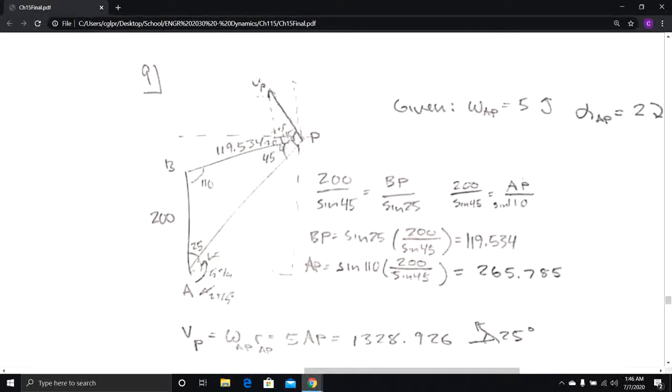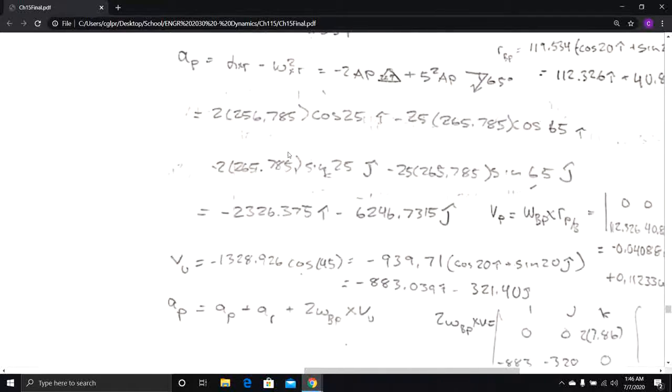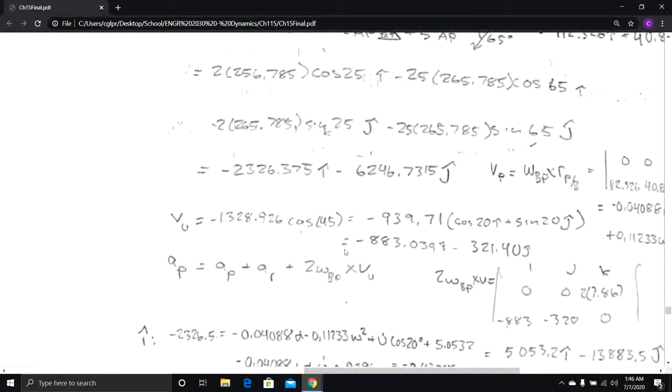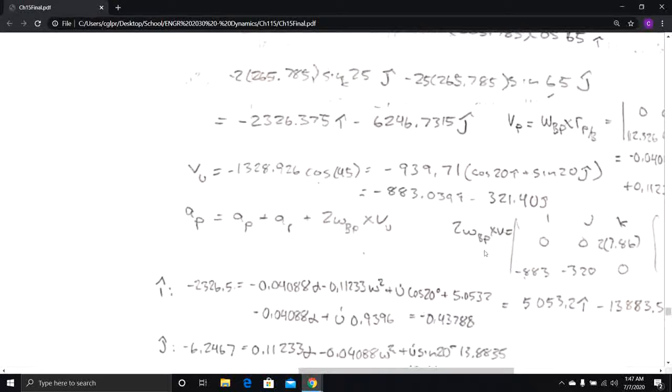Now I need to find the velocity that's going towards B, which is here. I'm calling the collar u. And of course that's going to have i and j components as well. This is the full acceleration equation here.